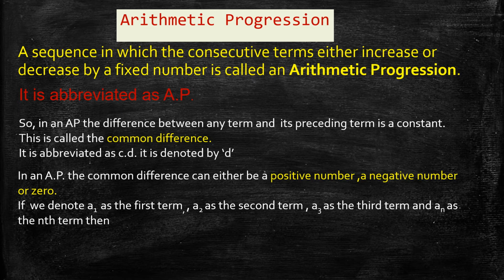And the common difference will be a2 minus a1 or a3 minus a2, because we know that the common difference is nothing but the difference between any term and its preceding term. So for any term and its preceding term, the difference will be the common difference of an AP. Understood?